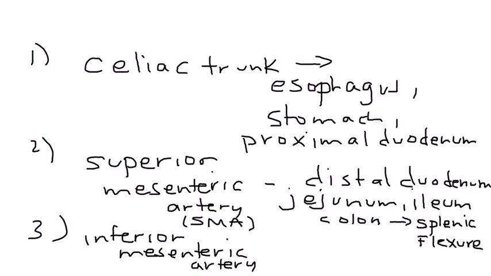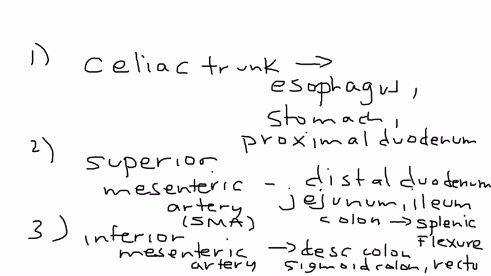And then the inferior mesenteric artery supplies basically everything else from the descending colon onward, so sigmoid colon, and then finally the rectum. So as you can see, these major vessels that are part of the mesentery are very important. And the absolute most important of these three is the superior mesenteric artery. Most cases of mesenteric ischemia involve the superior mesenteric artery.